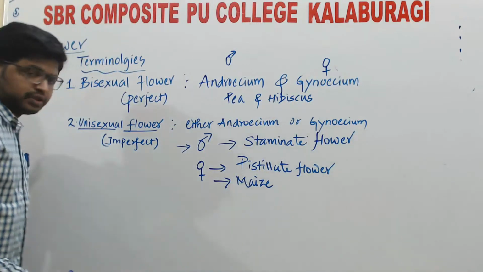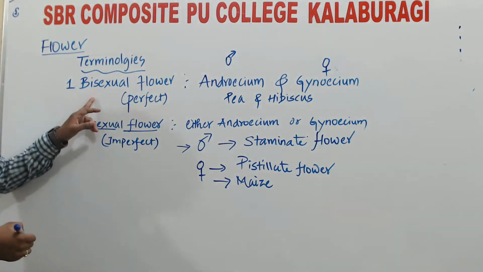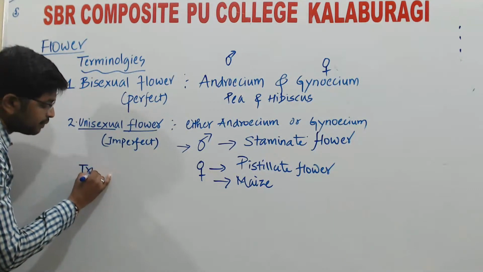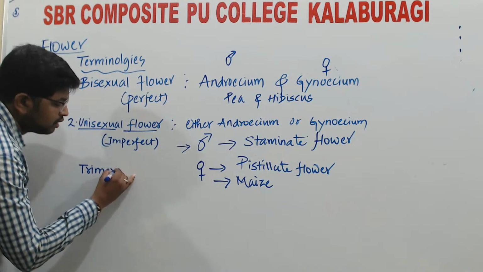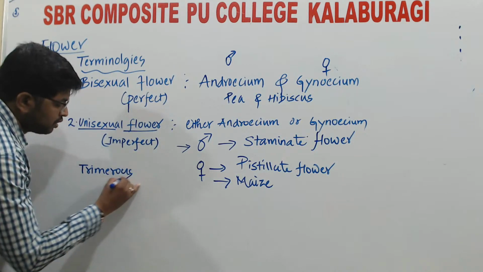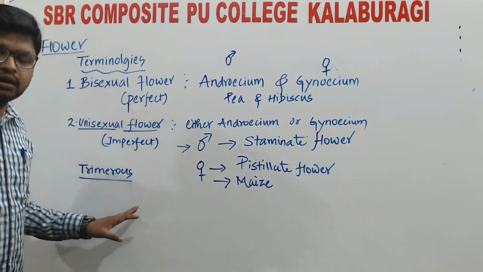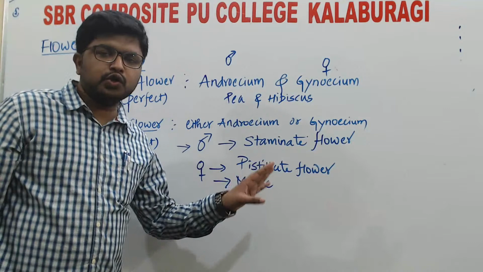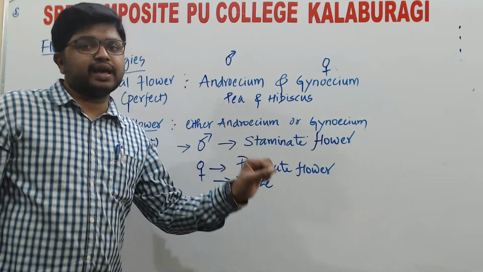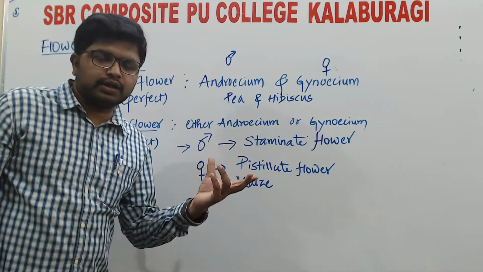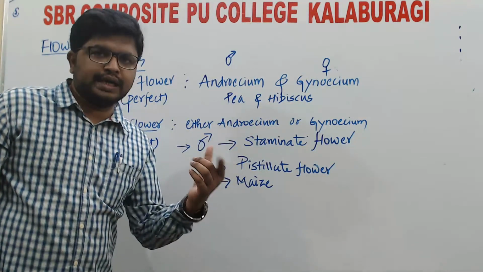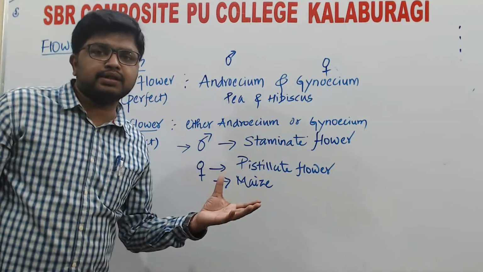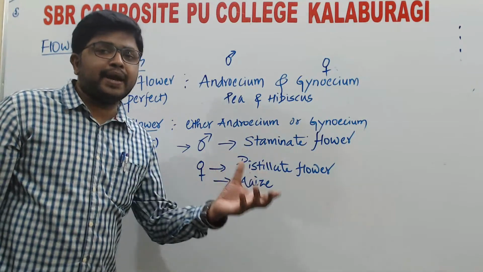Now what are the other terms? Bisexual flower, unisexual flower, then you will see the trimerous. This is the arrangement of these whorls, the individual members, how many are present in a flower. For example, you have sepals 4, 3, 5 like this. You can call the flower trimerous, tetramerous and pentamerous.